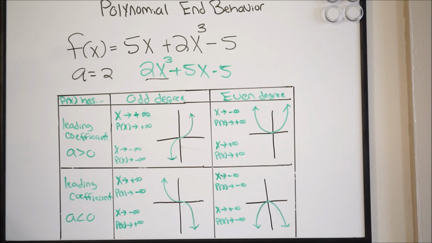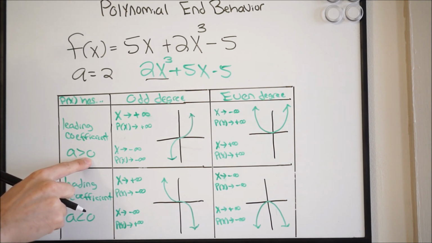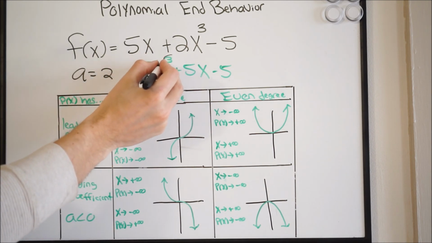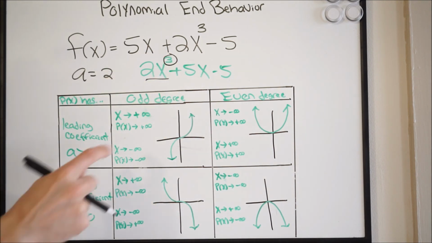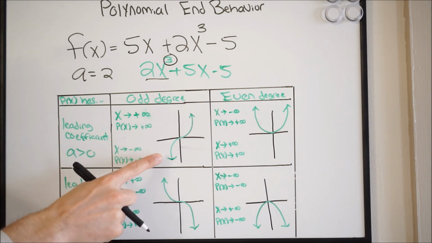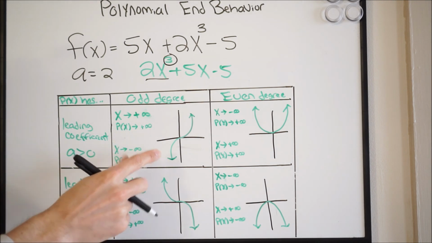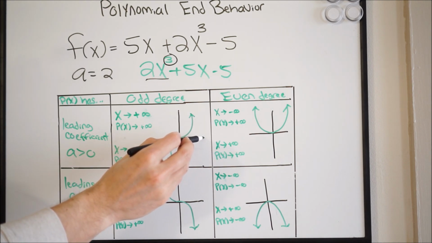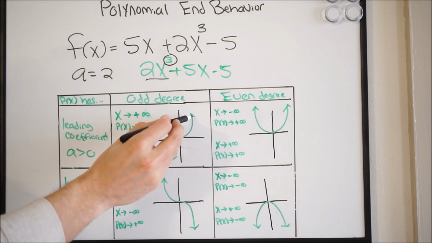Let's go to the table. Our leading coefficient, a, is greater than 0. Yes, it is. Now, is it an even or odd degree? In this case, it's going to be odd. So our end behavior is going to be a representation of this graph. And again, we'll just read it. As x approaches infinity, the function also approaches infinity.